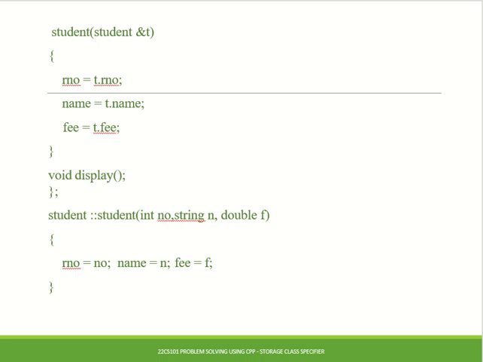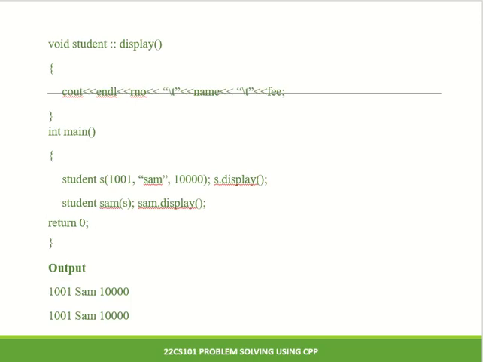Here, as in the previous example, argument variable is assigned to member variable. The argument variable is rno, here the local variable used is no. So both are assigned. The name is an argument variable and here it is n. So it should be assigned, and fee which is equal to f.